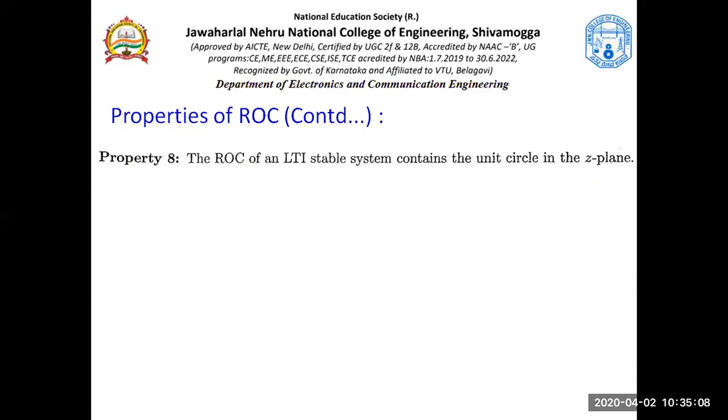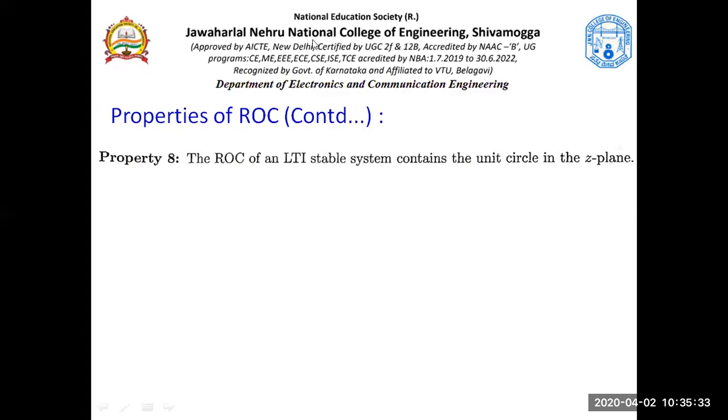The stable system was also called a BIBO stable system. How did we check that? Bounded input, bounded output. For any bounded input x of n, if the output y of n is also bounded, then such a system is called a stable system.